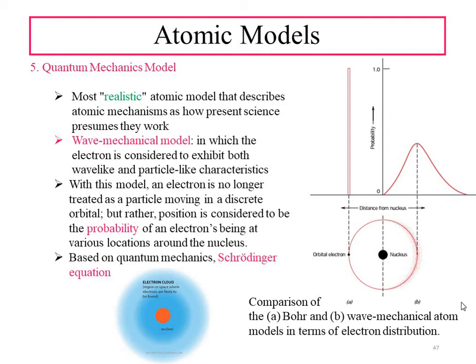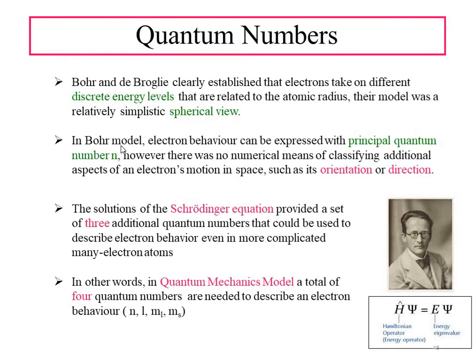So it's wave-like. This model actually came after the popular advancement of quantum mechanics, that is, the dual nature of the electron. Now let us see what the quantum numbers are.